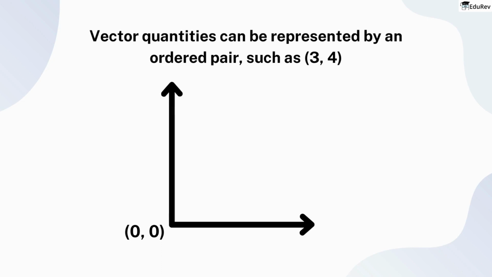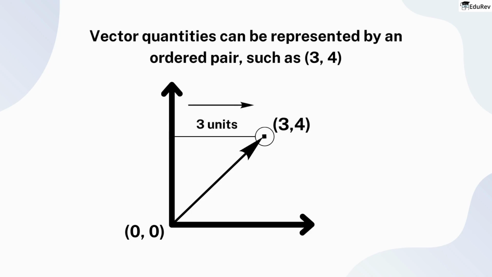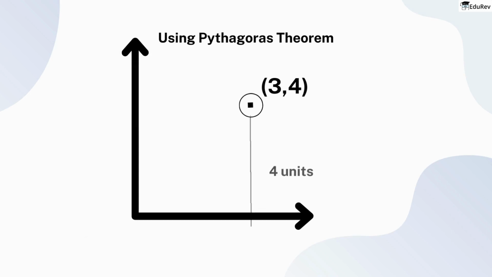To visualize this in the Cartesian plane, you can draw a point at the coordinates (3, 4), representing the endpoint of the vector. The vector itself is an arrow starting from the origin (0, 0) and ending at the point (3, 4). The point indicates movement 3 units to the right, horizontal direction, and 4 units upwards, vertical direction.